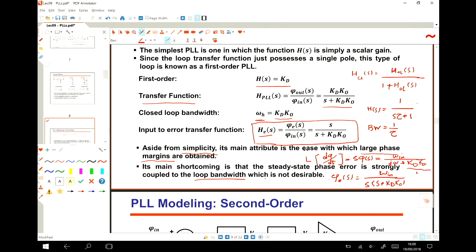And this is the bandwidth of your system. Phi is phi e. I mean, this is the error function. I want to see what will happen to my error function, because at the end of the day, I'm interested in the steady state of the error function being 0.